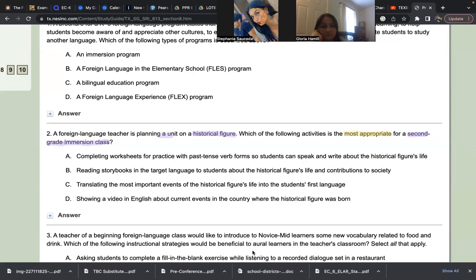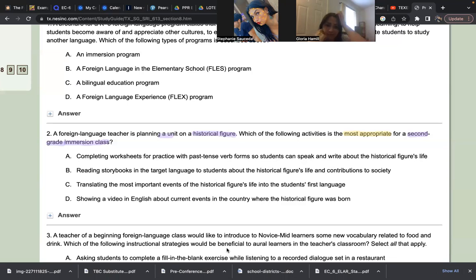So we're going to give each of them their due process and measure each of them against the goal. We're looking for an activity that's most appropriate for second grade immersion, and it has to be about the historical figure. She's planning this unit. We need to match that up along with best practice. So which one of these can we eliminate and bet ourselves $5 that it is not it?